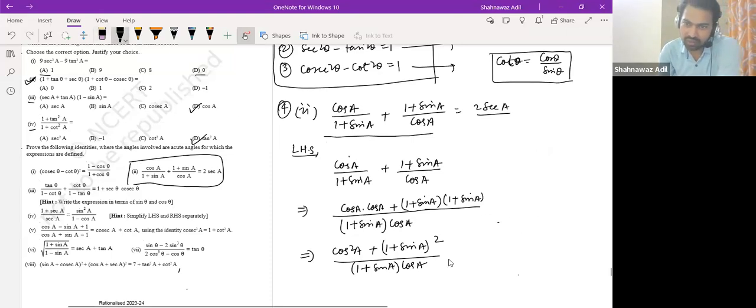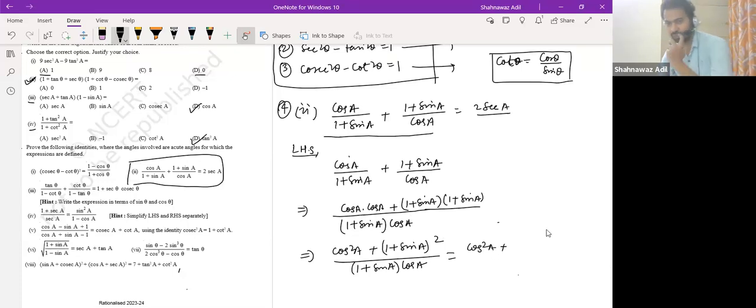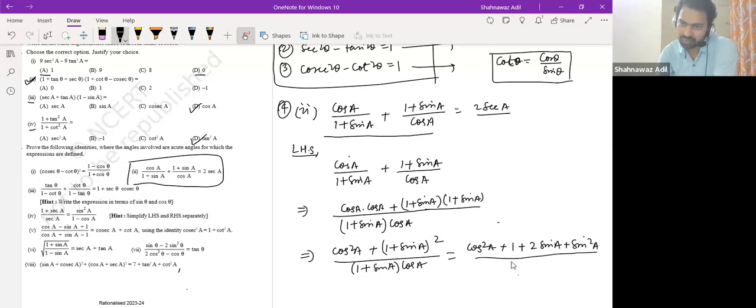What is the whole square identity, Amar? What is a plus b whole square? So a square plus 2ab plus b square, right? Okay. So we have this one, right?